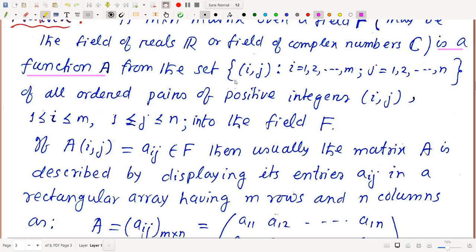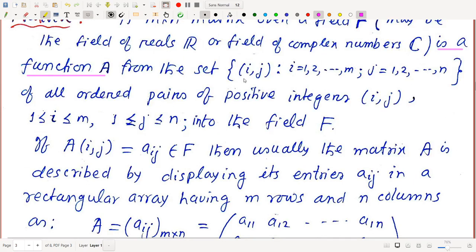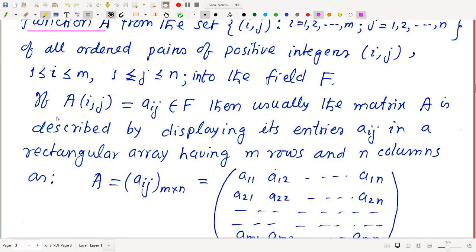Capital A is a function from this set. This is the domain of the function. That's why I have defined the function first. The domain of the function is the set of all ordered pairs. There will be mn pairs, and from this set a function is defined. Capital A is the function, and the images belong to the field capital F. The image of every ordered pair under capital A is a unique element of capital F. That is a matrix.